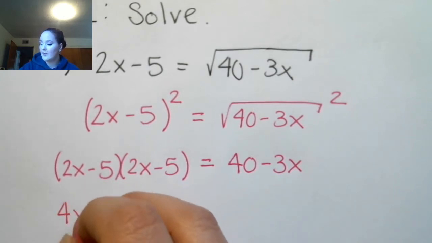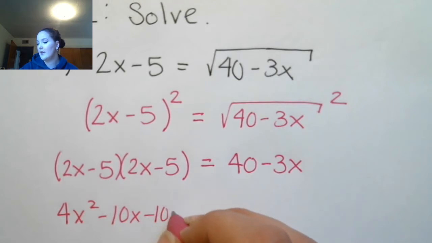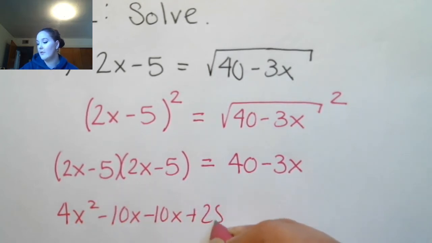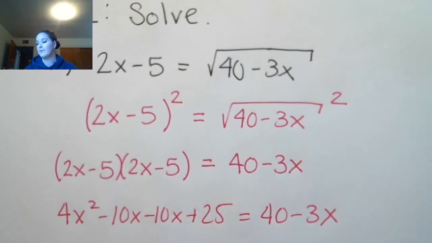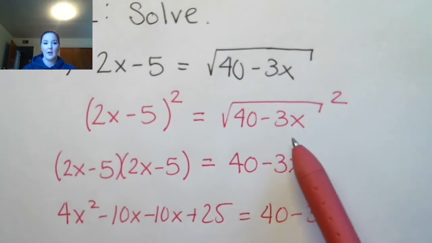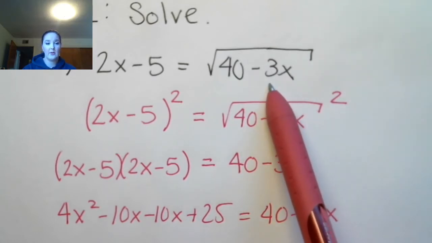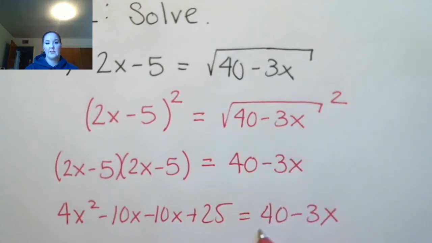I get 4x squared minus 10x minus 10x plus 25. So that's my first two steps. I've isolated the radical, which was already done in this problem. Then I've squared both sides.